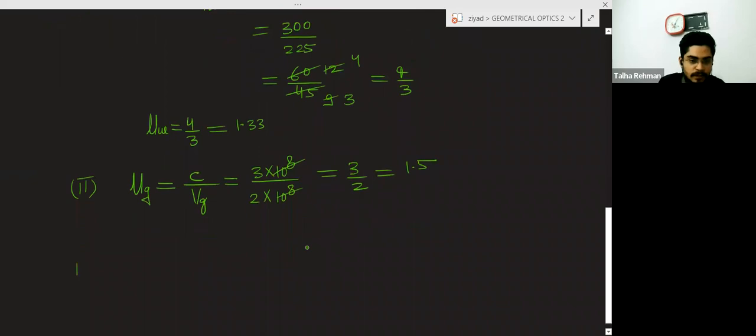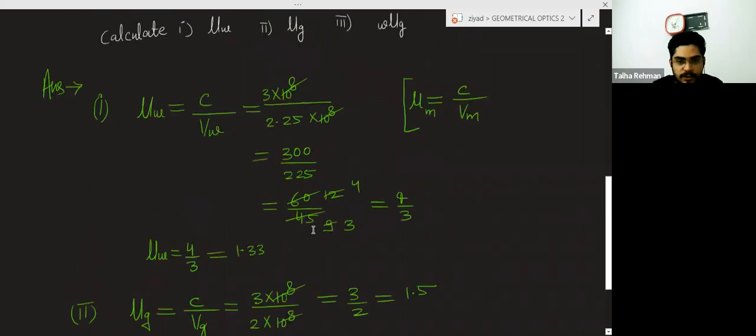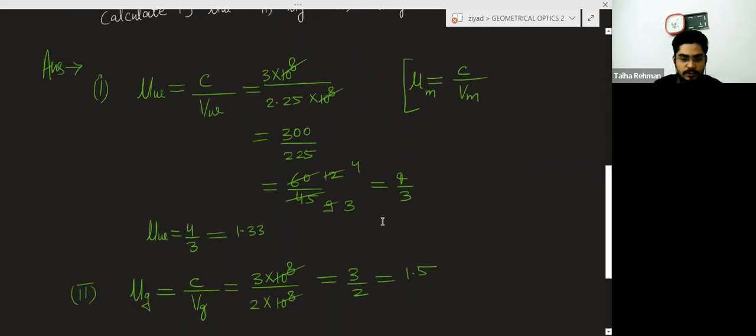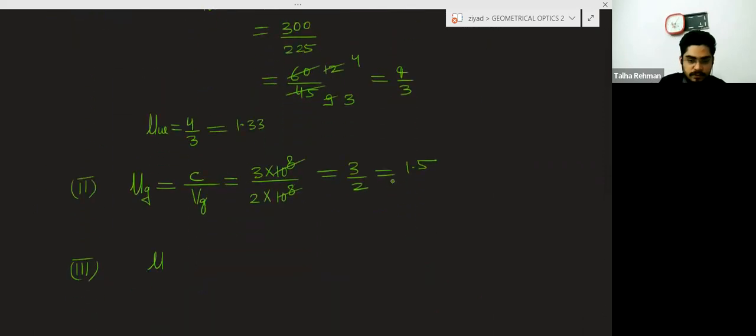Third, they are asking mu G with W written here. So what does it mean? It means the refractive index of glass with respect to water.